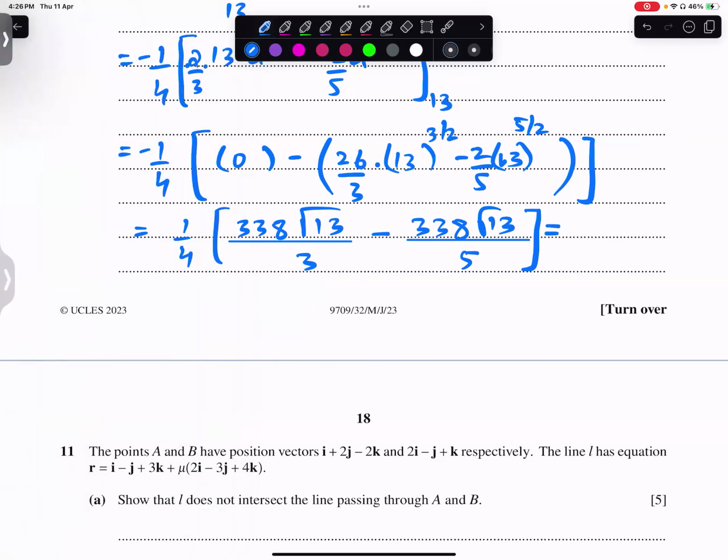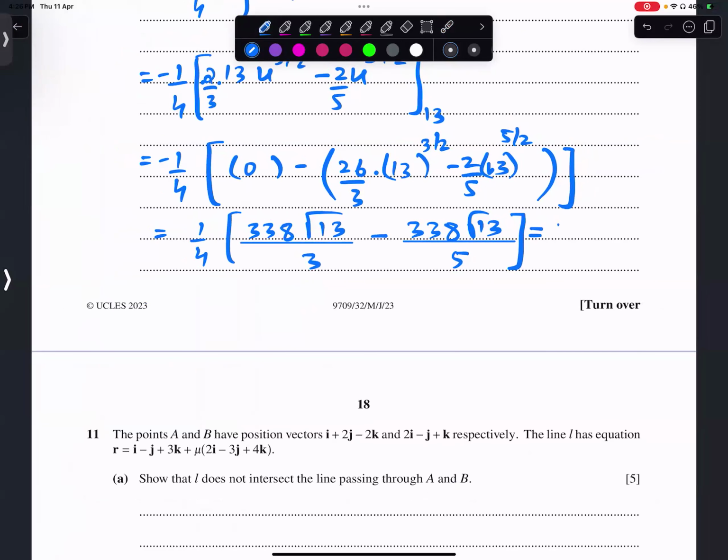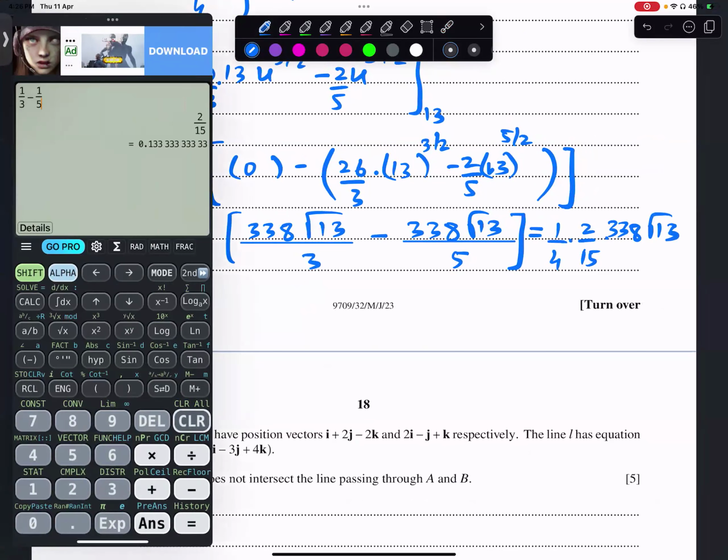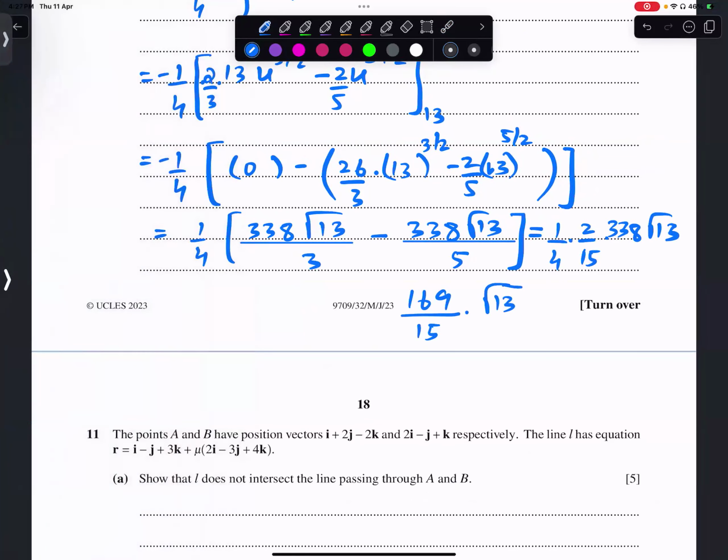So my final answer is 1 over 4, 2 by 15, 338 root 13, which will be 169 over 15 into under root 13. This will be my final answer.